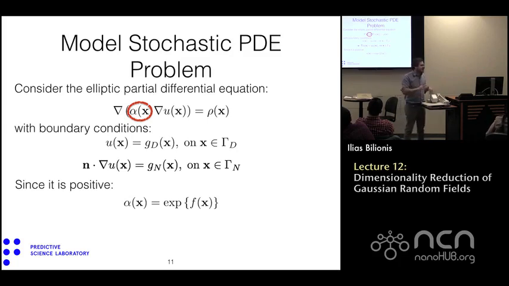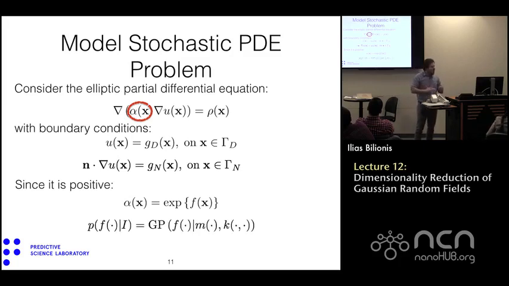And now I'm going to model f of x as a Gaussian process. Why am I going to model it as a Gaussian process? Because if the only thing I know about a of x is that it is positive, then that's the simplest model you can use, right? It's the same thing as if you had a single random variable that you wanted to model, and then you had to pick a distribution about it.